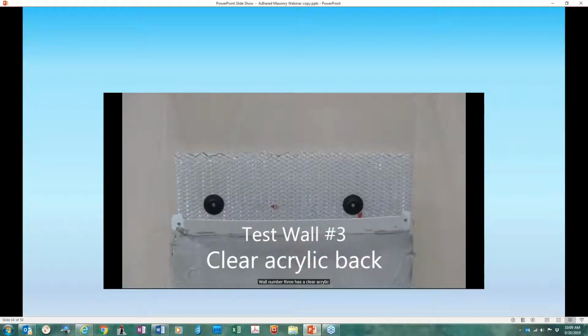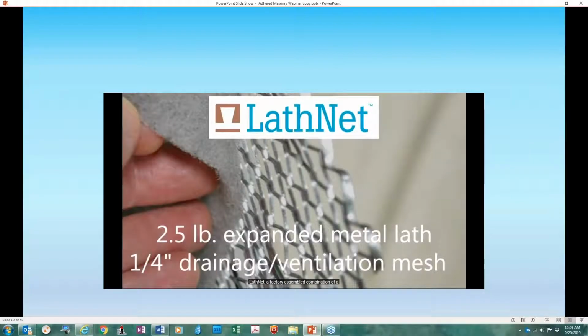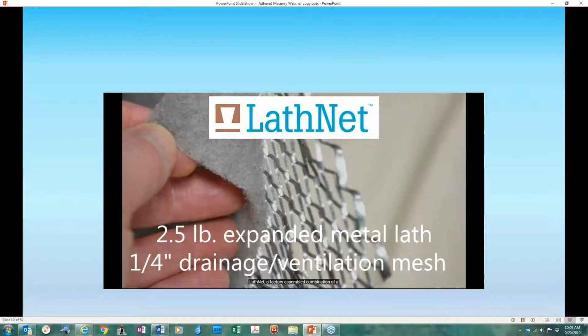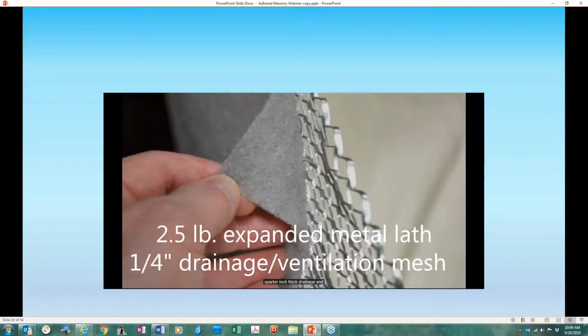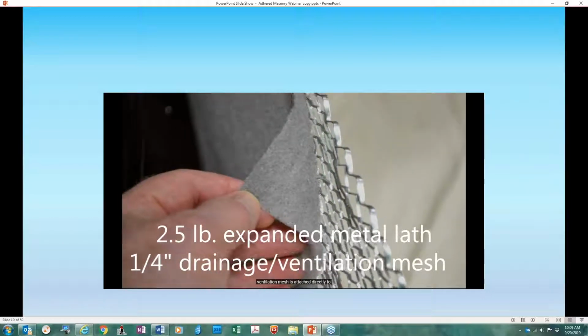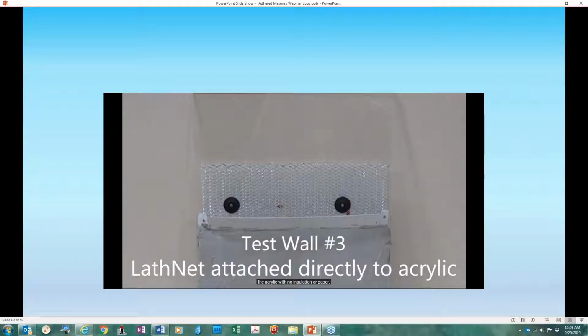Wall number 3 has a clear acrylic back so we can see through it. Lathnet, a factory assembled combination of a galvanized 2.5-pound self-furring expanded metal lath and a 1/4-inch thick drainage and ventilation mesh, is attached directly to the acrylic with no insulation or paper.